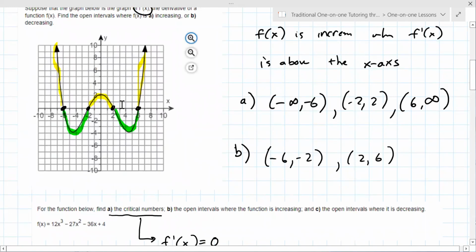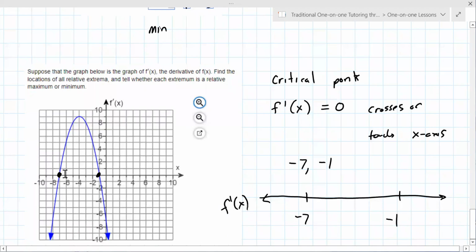It's decreasing when it's below the x-axis. So there's two sets of rules, whether you're looking at the original or the derivative. So this function we're looking at here is increasing between -7 and -1. We use the plus symbol to indicate increasing. It's decreasing over here to the left because it's below the x-axis. It's decreasing over to the right because it's below the x-axis.